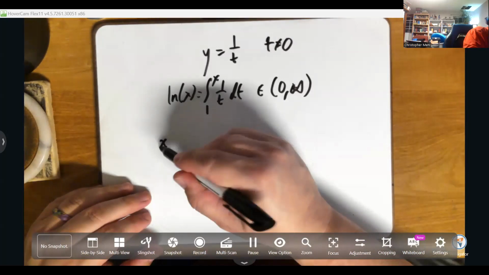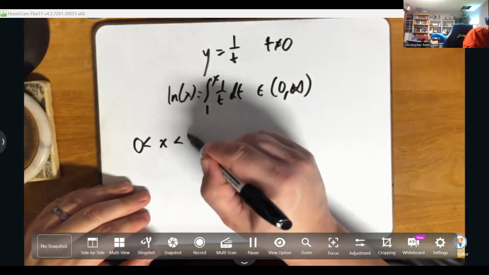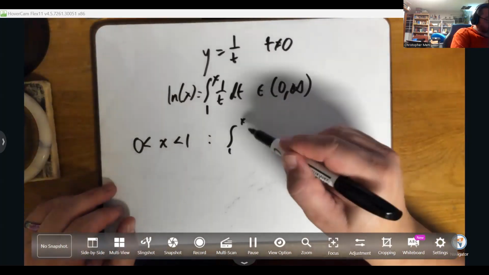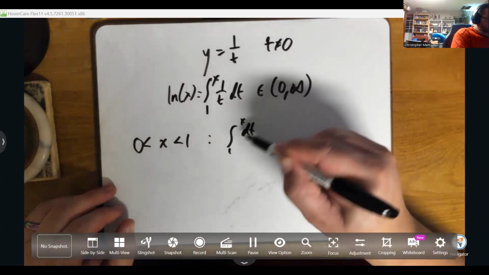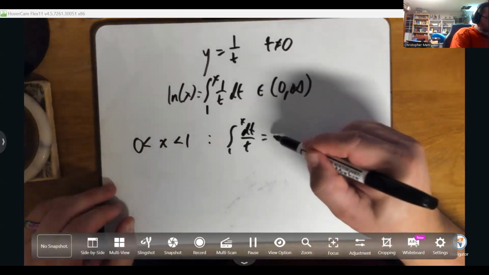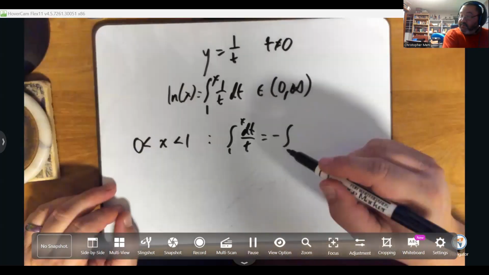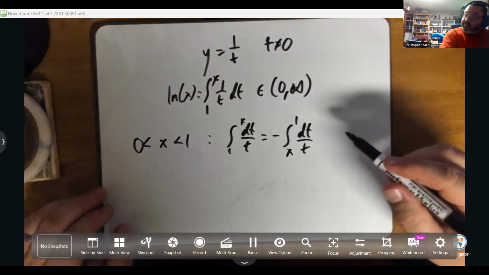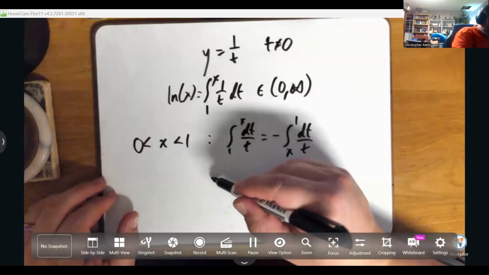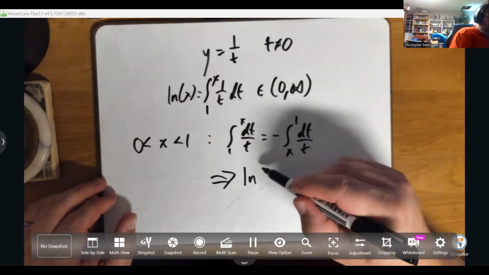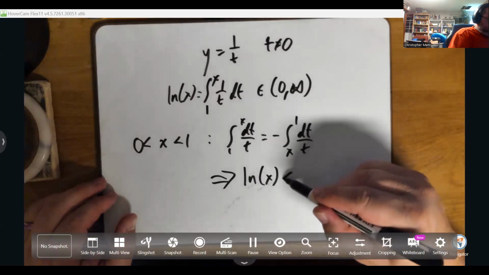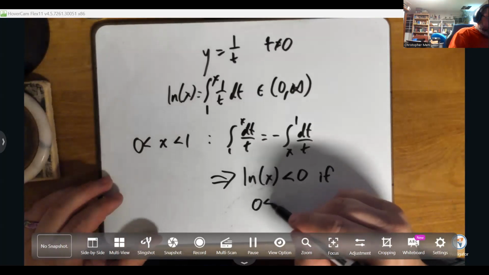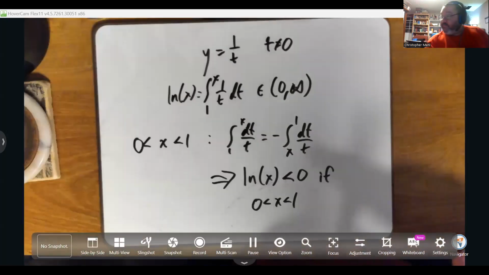But whenever x is greater than 0 but less than 1, we have that the integral from 1 to x of 1 over t dt is going to equal the negative integral from x to 1 of 1 over t dt, which implies that the natural log of x is less than 0 if x is between 0 and 1.